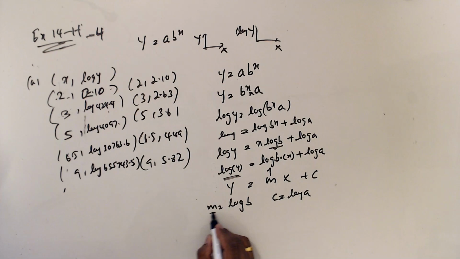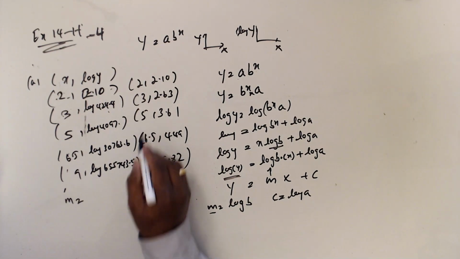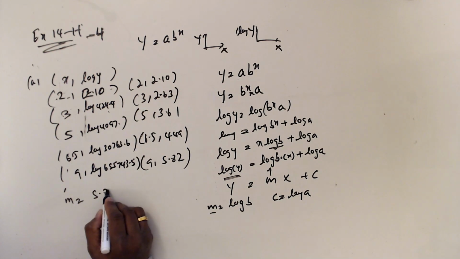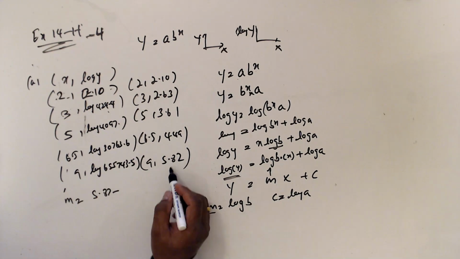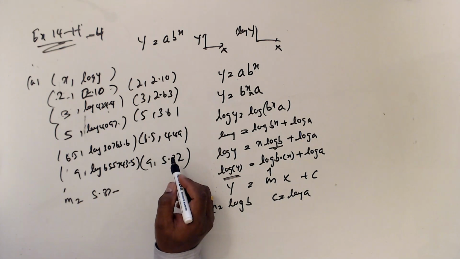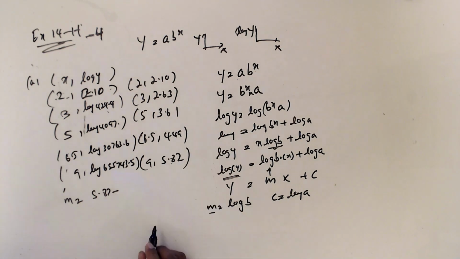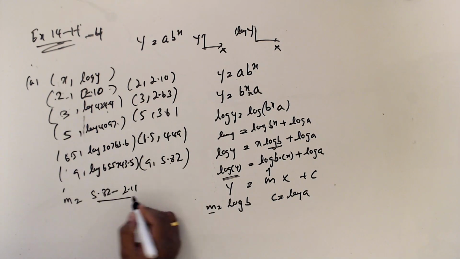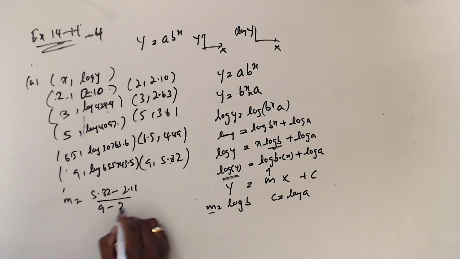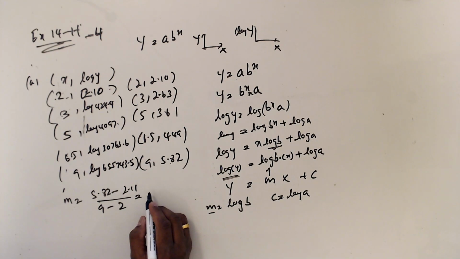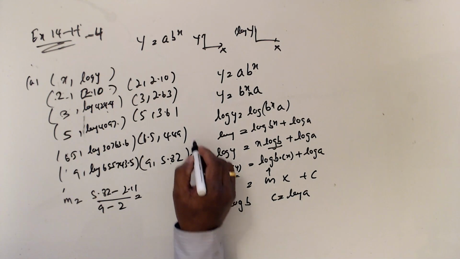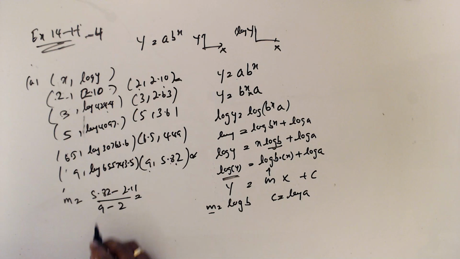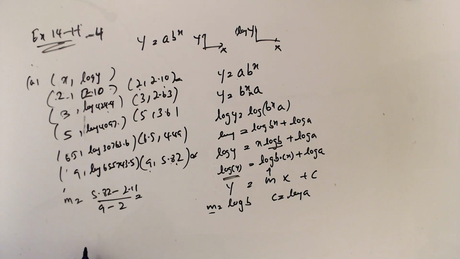So m, we can find the gradient by taking 2 points: 5.82 minus 2.10 and 9 minus 2. I consider those 2 points, y1 minus y2 divided by x1 minus x2, change in y over change in x.